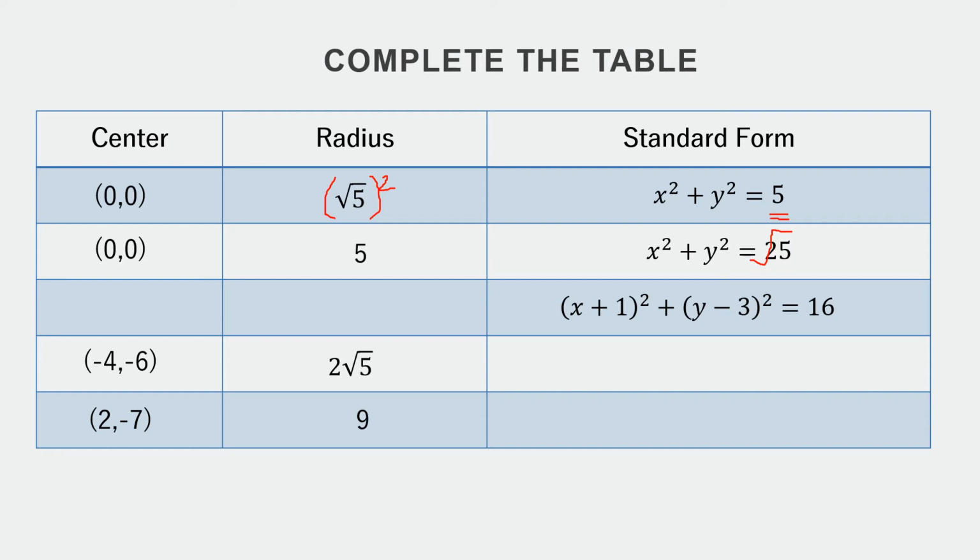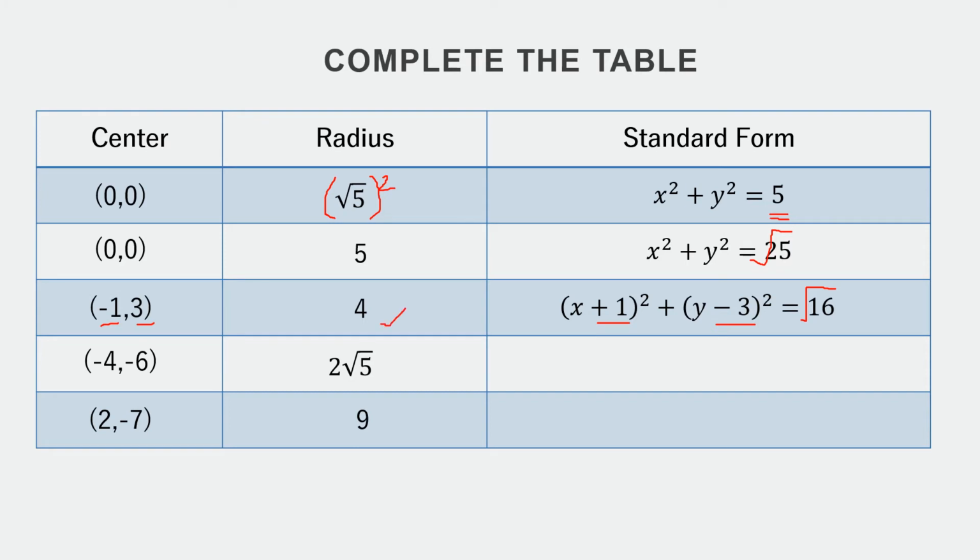Okay, next example is that the center is not at the origin. So we can get the value of the center just getting the inverse of positive 1 and the inverse of positive 3, which is negative 1 and negative 3. Similarly, what we've done in example number 2, we need to get the square root of 16 to have the radius is 4.